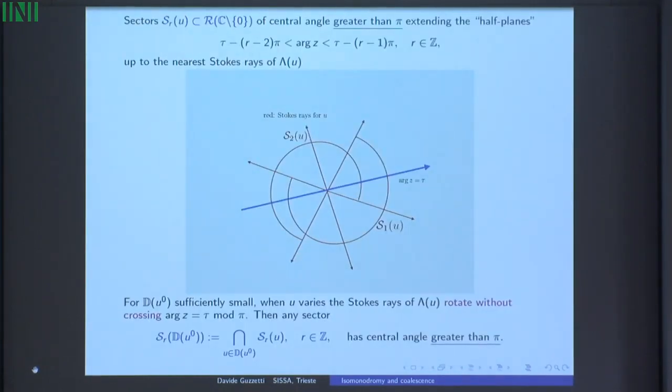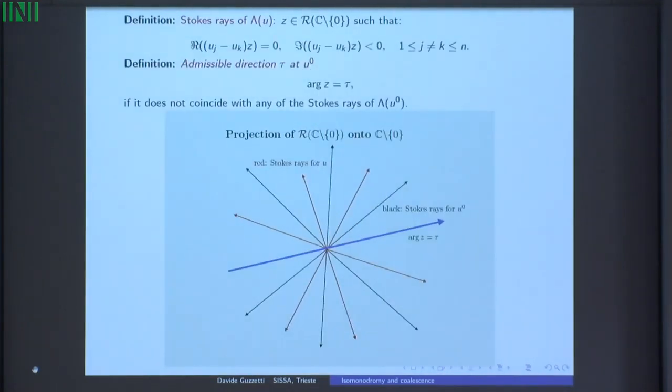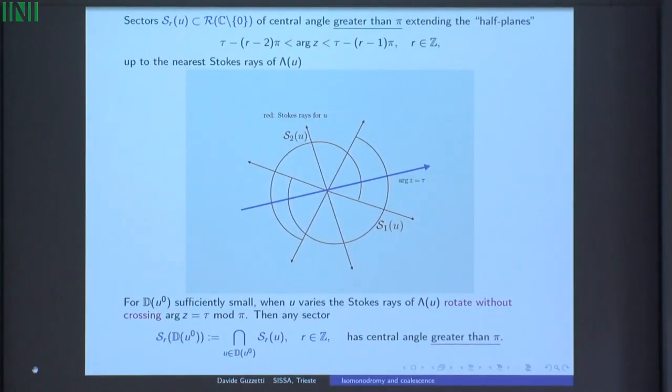Once this setting is done, now we can introduce sectors. Maybe I go back one slide. Let me call tau the direction of this blue line. I can construct sectors by extending half planes like this. Maybe it's better to look at the picture.